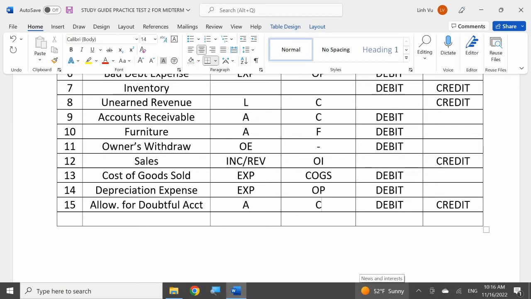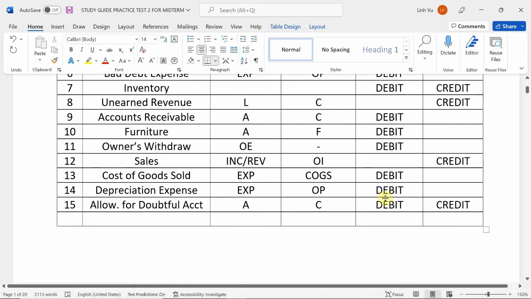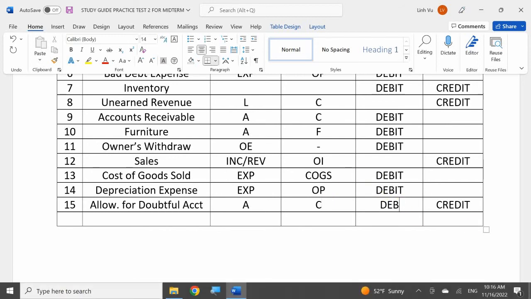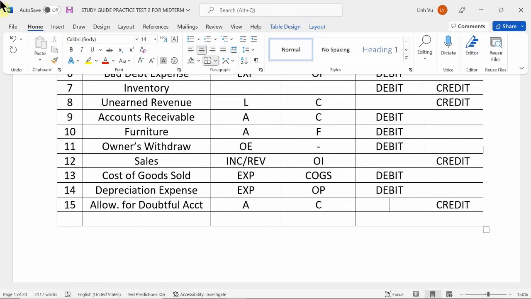However, because it's a contra account, it flows in the opposite direction. So therefore, you're going to decrease your asset, because that's exactly what an allowance for doubtful does. It decreases the accounts receivable. So therefore, it's going to be a credit balance. Okay.